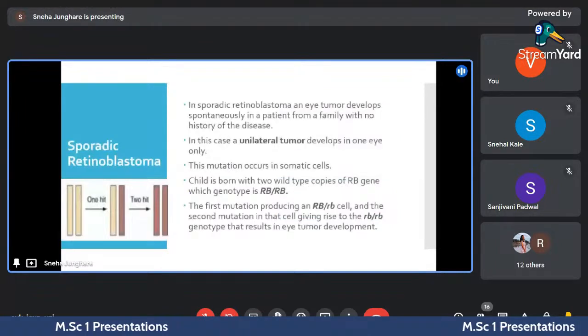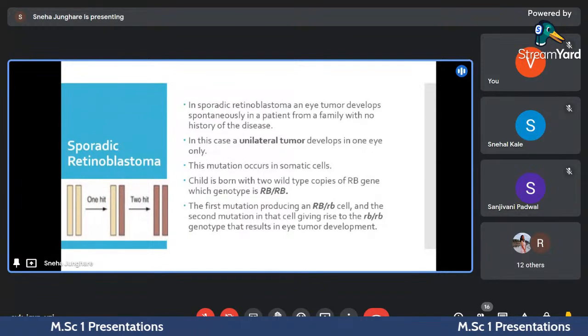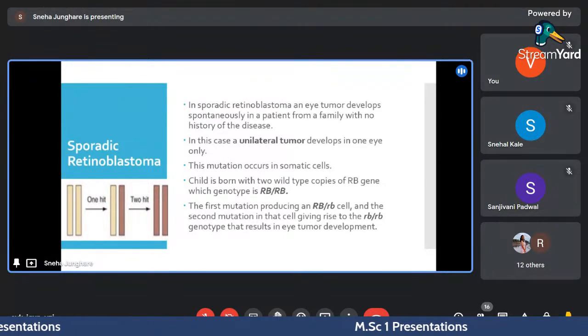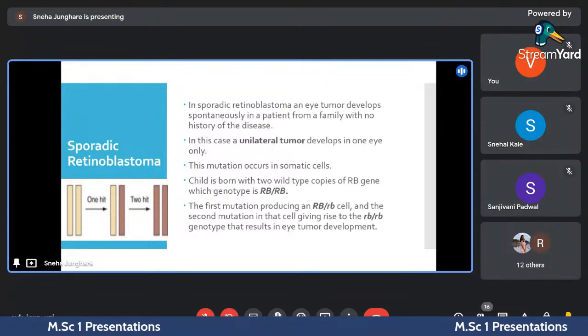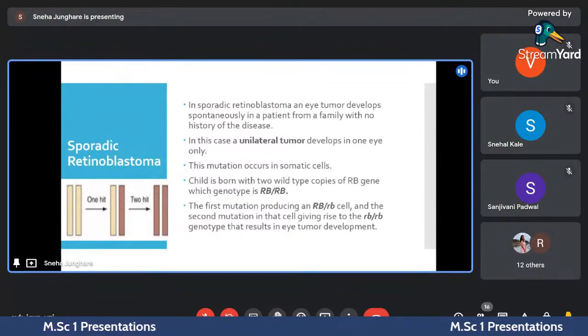In sporadic retinoblastoma, an eye tumor develops spontaneously in a patient from a family with no history of the disease. In this case, a unilateral tumor develops in one eye only. This mutation occurs in a somatic cell. The child is born with two wild type copies of the retinoblastoma gene, which genotype is homozygous.